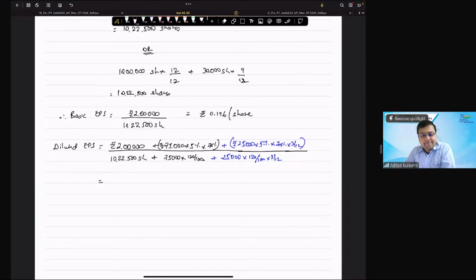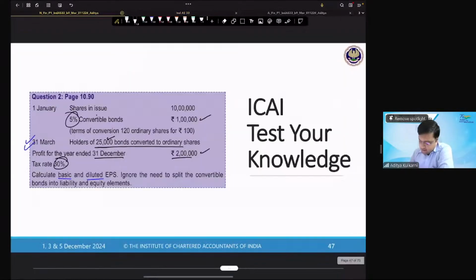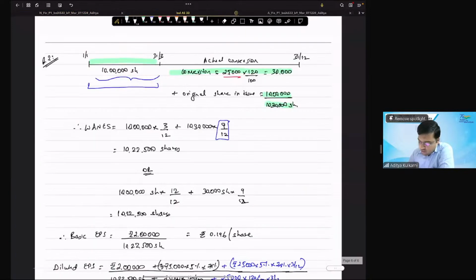For the basic EPS, sir, why did we not divide by 10 lakh shares, like 2 lakh by 10 lakh? See, because what has happened is, read the question. On 31st March, an actual conversion has happened. So from 31st March onwards, these shares are actually there in my capital structure. They are not potential.